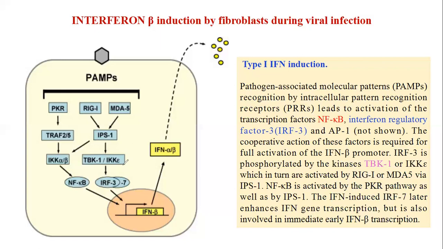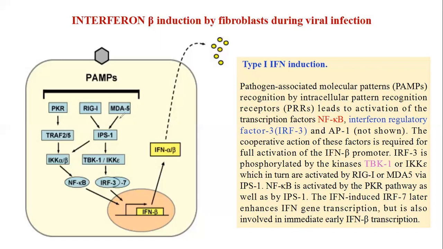They phosphorylate IRF3, which in turn is activated by RIG1. This is RIG1, known as retinoic acid inducible gene 1. And here is MDA5, melanoma differentiation associated gene 5.